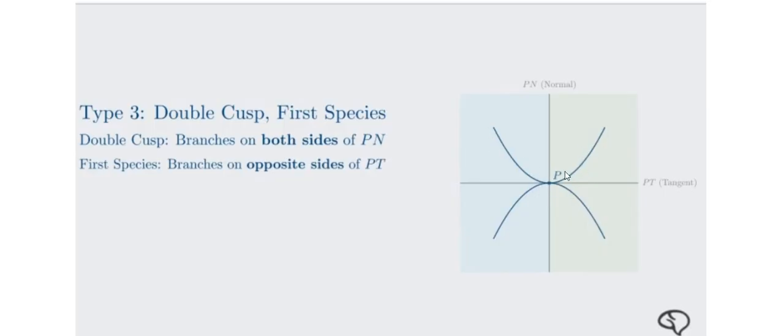And the branches are on opposite sides of the tangent, not on the same side of the tangent. Opposite sides of the tangent. This is called double cusp of the first species.